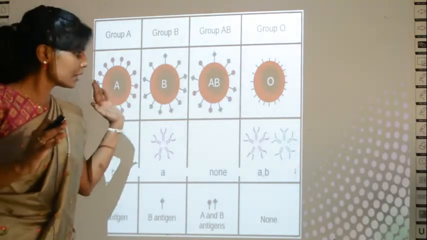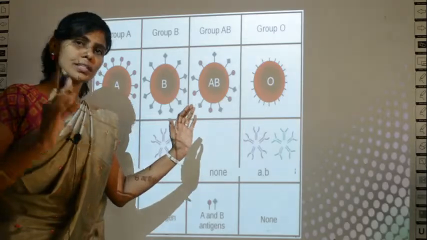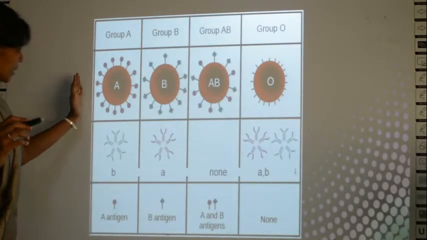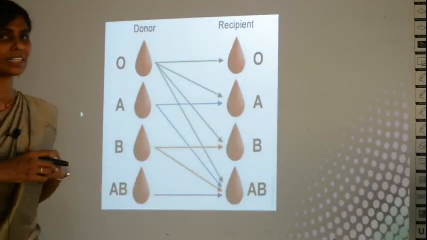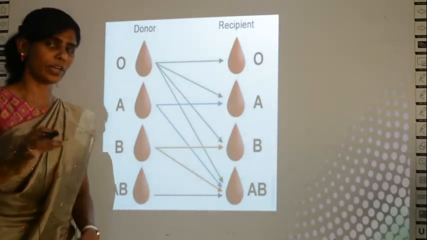So remember the slide carefully because it's going to help you lifelong. This is a very basic yet very important concept in your day-to-day life as well as in competitive exams. So remember this carefully.